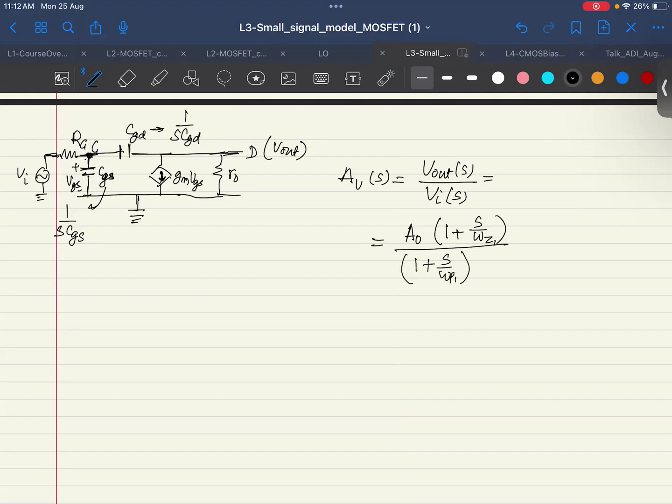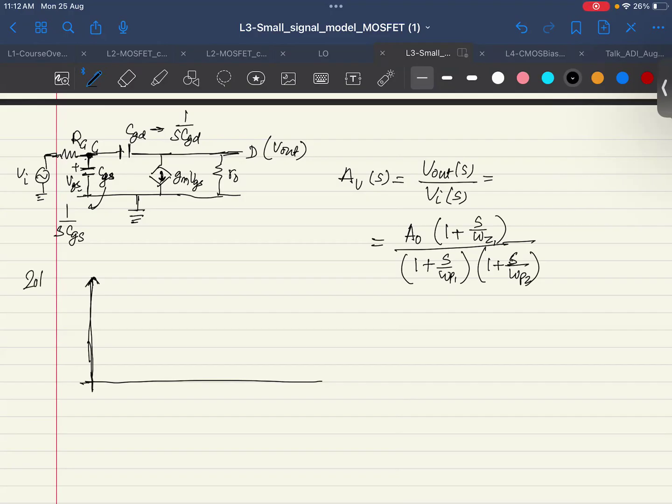So that you can look at poles and zeros in your circuit. Okay, and once you have this, you should be able to see or plot the frequency response of your common source amplifier with infinite load, obviously, in this case.